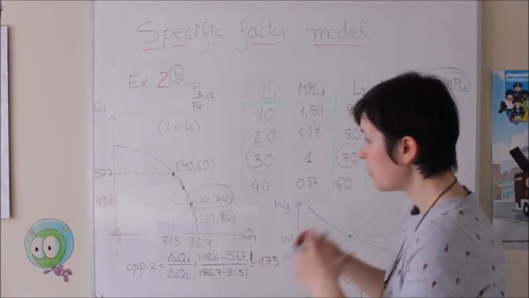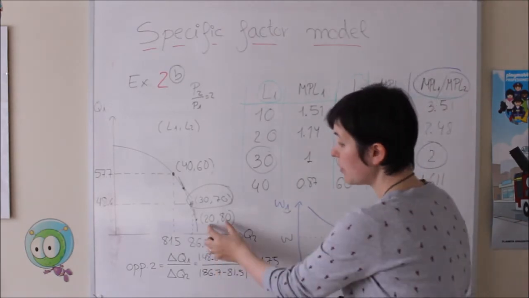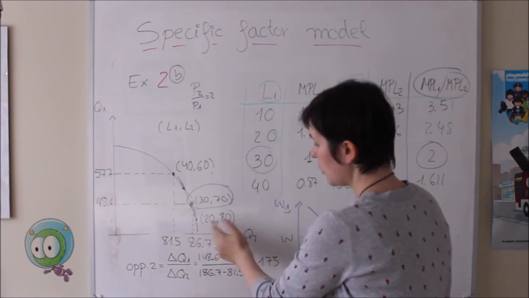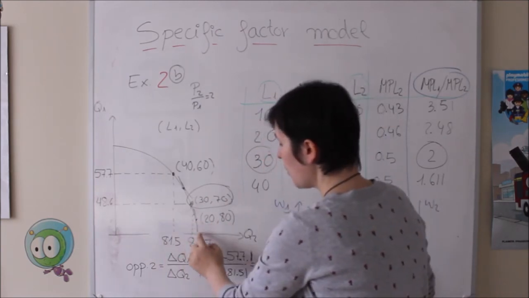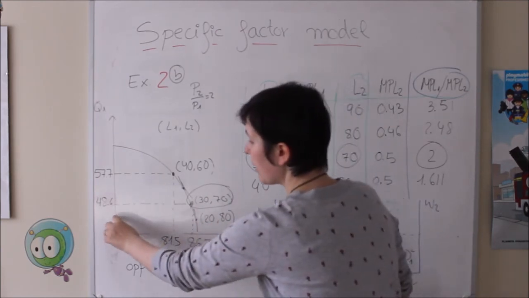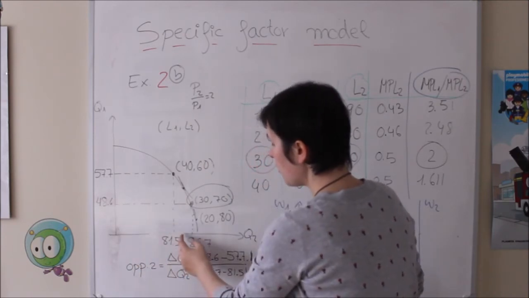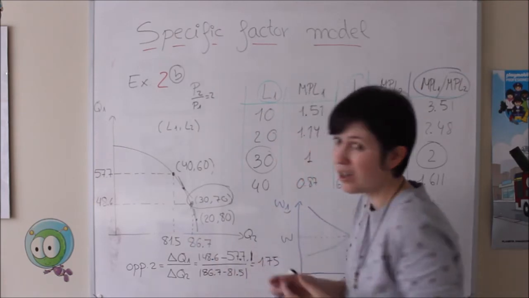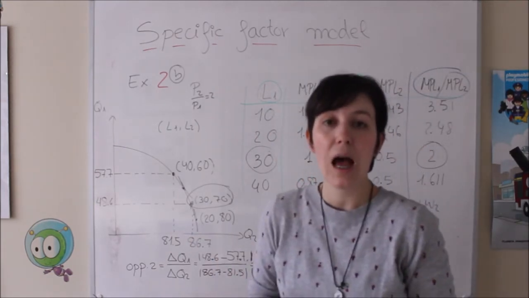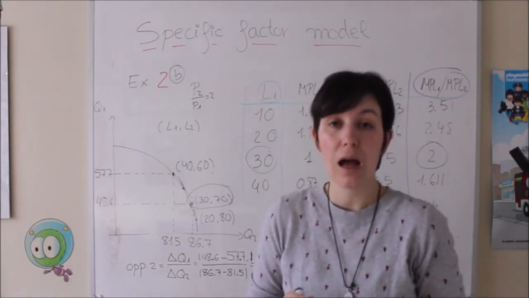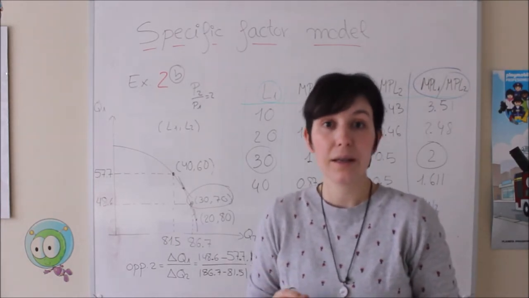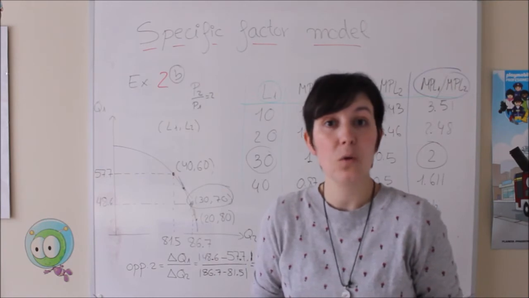Also, you can do the same, but using the information when the labor is 20 and 80. You are going to have two values here, and then you can compute how this changes divided by how the other one changes. Between here and here it's really small, that's why I didn't do it. And then you're going to get an opportunity cost of 2.2. I'm saying that just in case you want to practice.